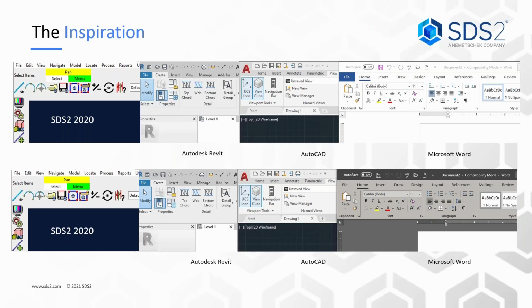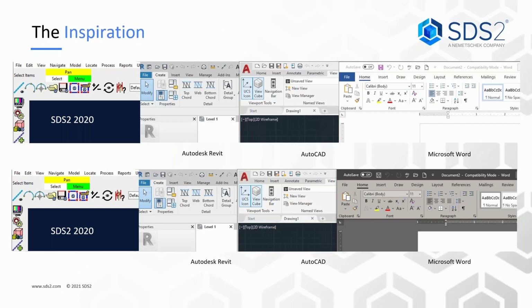Oh, go ahead, Aditya. Yeah, so another thing to observe over here is we have Autodesk's products, the Revit and I think that's AutoCAD. So you can see the big difference between the way SDS2 2020 looks when you compare it against the two Autodesk products and Microsoft. When you shift your workflows between these, and I know that our existing users, they probably go through a bunch of these different softwares throughout the day, right?